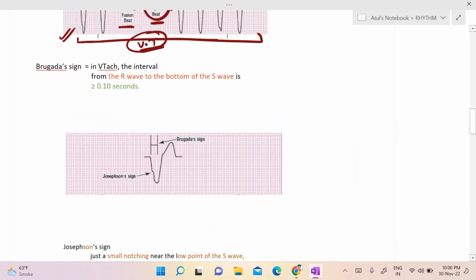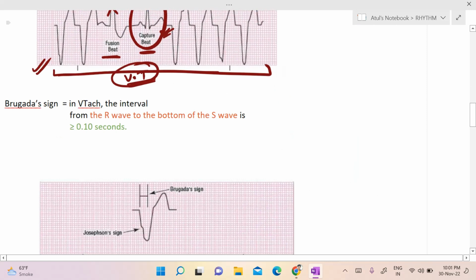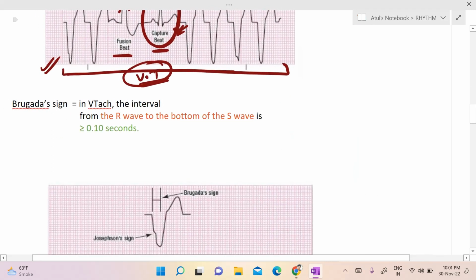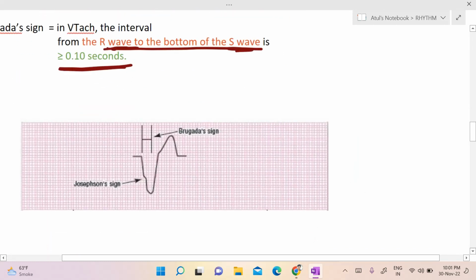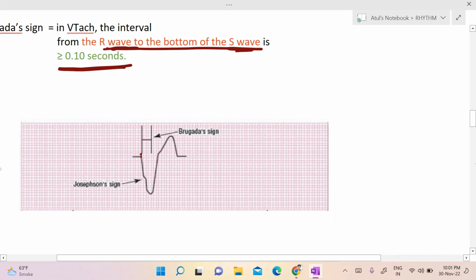What are the other indicators of ventricular tachycardia? In ventricular tachycardia, the interval from the R wave to the bottom of the S wave is more than 0.10 seconds. This is the start of the R wave. In ventricular tachycardia, these types of complexes are formed, and this is the S wave, the nadir of the S wave, so the bottom of the S wave.